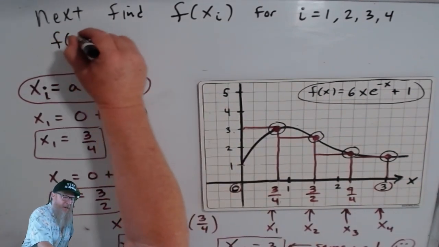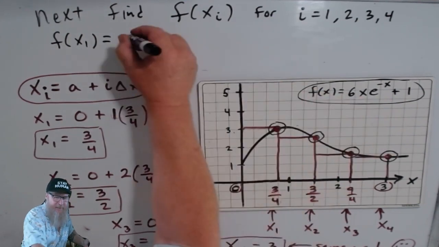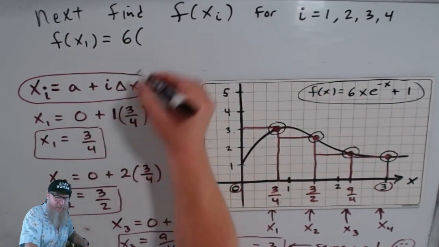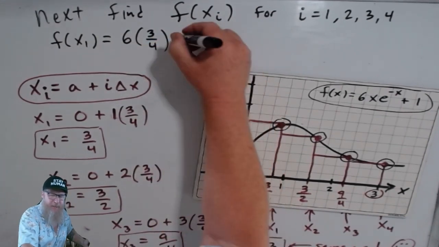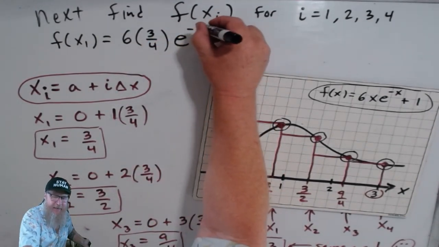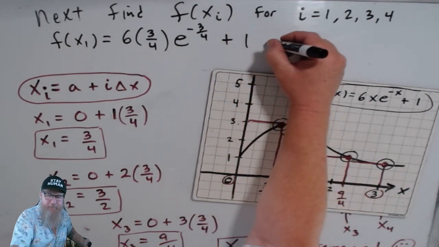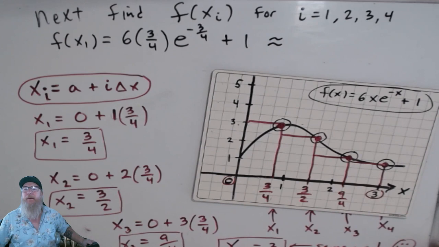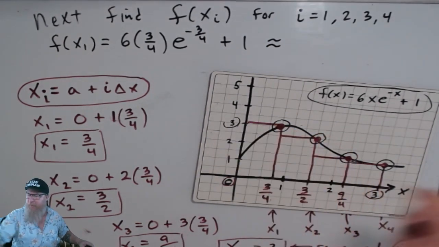So f of x1 is 6 times x1, which is 3/4, times e to the negative 3/4 plus 1. So that'll be this first roof. It looks like it's about 3.